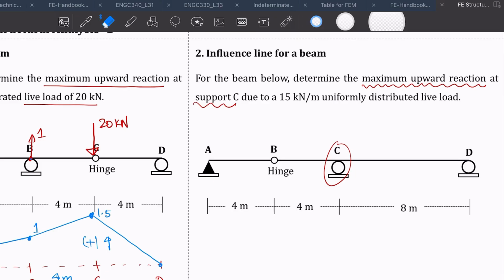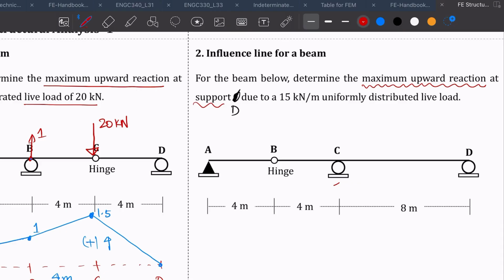Sorry, this is not support C, it should be support D. Okay, we are interested in D. Now we are interested to find the reaction for support D due to a uniformly distributed live load. So now it's not a concentrated live load anymore, but a distributed live load. How do we find the maximum reaction at support D?